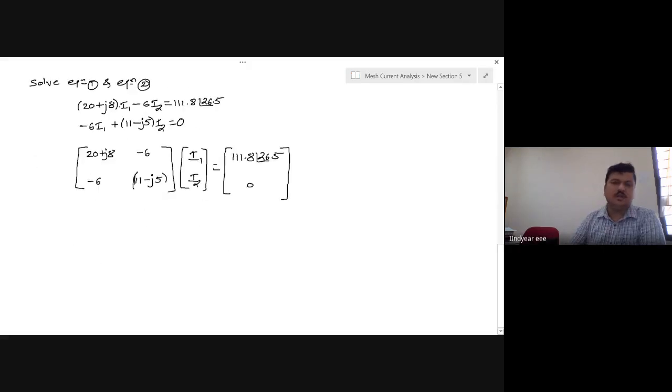Now you should apply Cramer's rule. You should not forget Cramer's rule, because in my calculator I cannot solve a complex matrix. So I need Cramer's rule throughout.